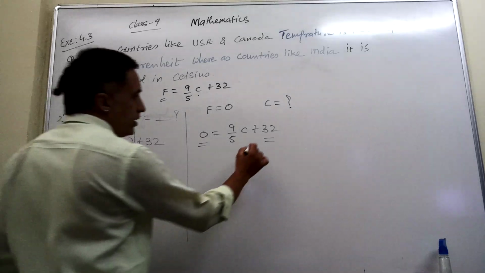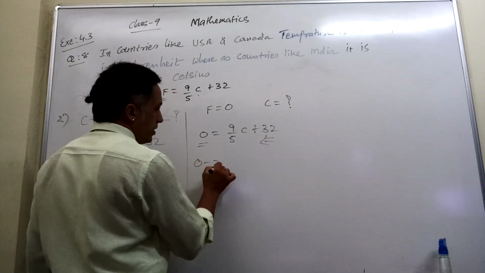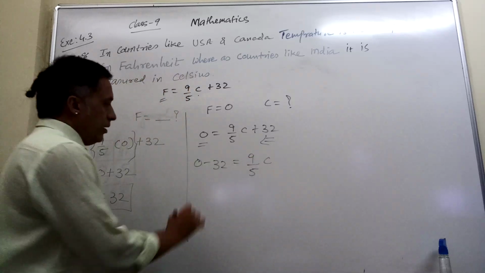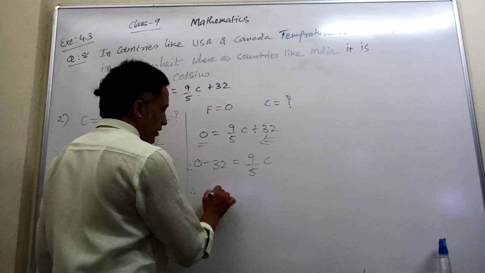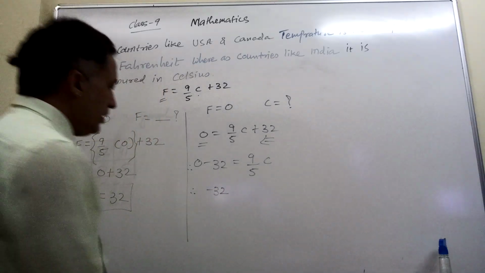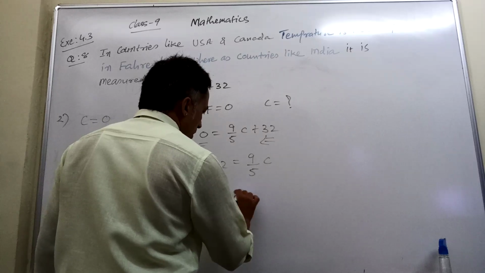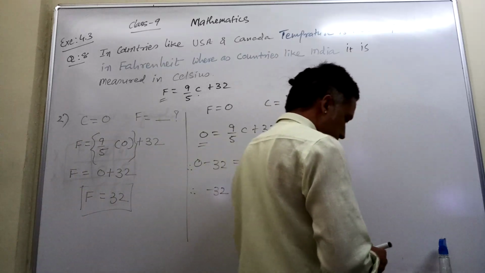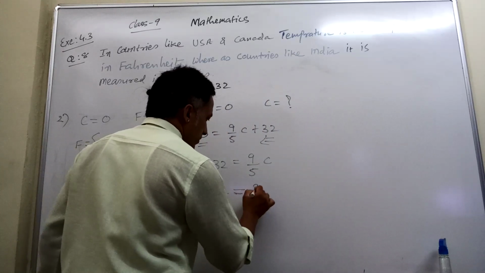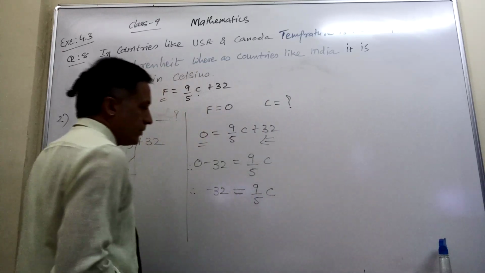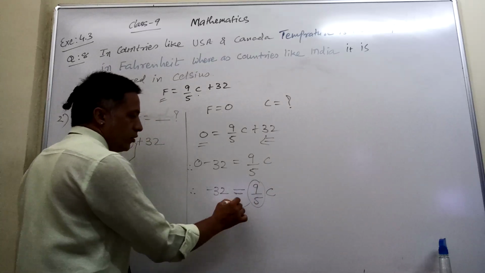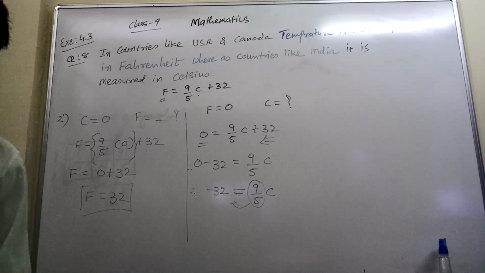So I am shifting this 32 to the left side, and I will have 0 minus 32. And therefore 0 minus 32 is minus 32, which is equal to 9 upon 5 into C. When I am shifting this 9 upon 5 to the other side of the equal sign, it becomes a reciprocal.